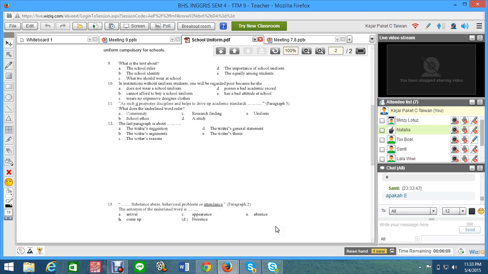Okay? Absence itu artinya ketiadaan. Kalau arrival, kedatangan, come up sama dengan kehadiran, appearance juga kehadiran atau muncul, present juga kehadiran. So the antonym is absence, okay, this one. So this is the answer of number 13.